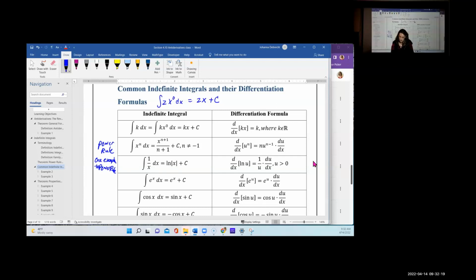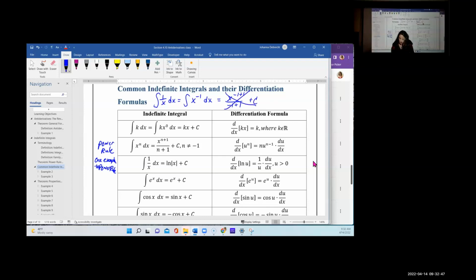Juan has it in 1, division by 0. If we think about the integral of 1 over x dx as the integral of x to the negative 1 dx, if you apply the power rule wrongly, you would get x to the negative 1 plus 1 divided by negative 1 plus 1. And there's your 0 right there. That would be division by 0.